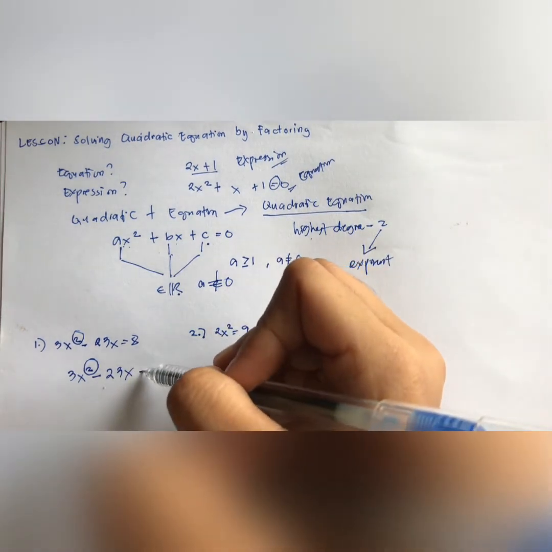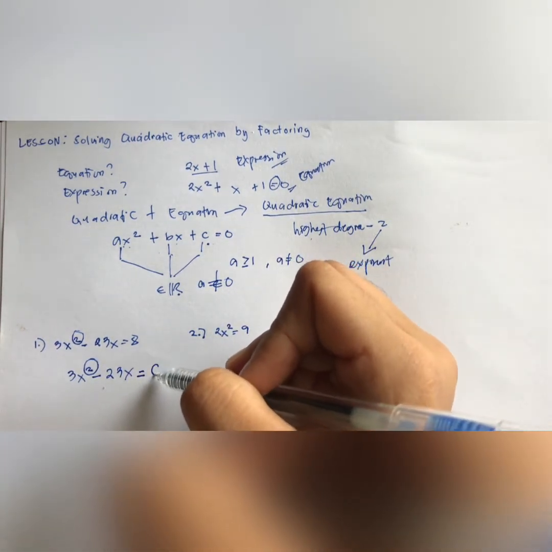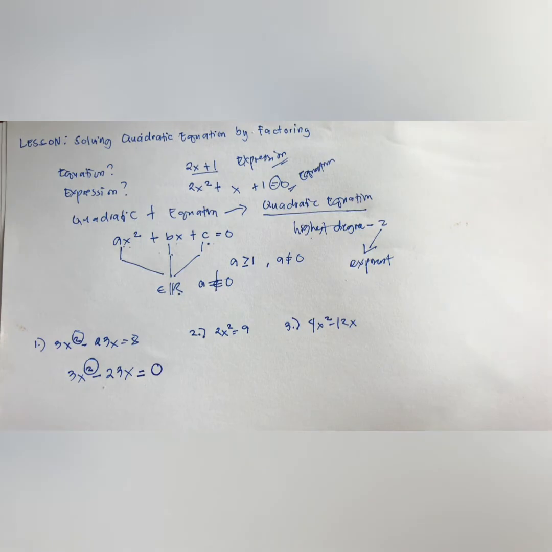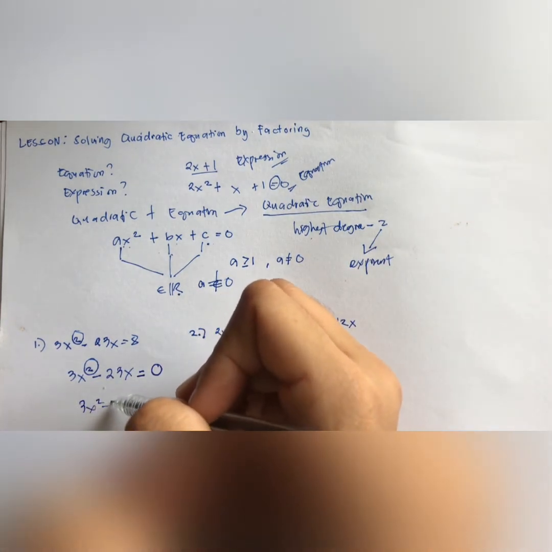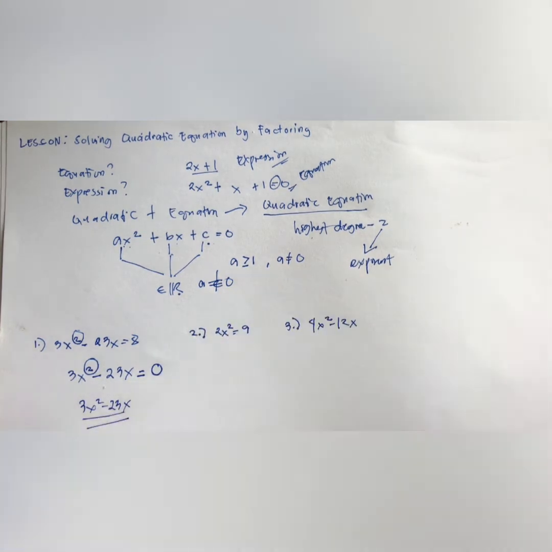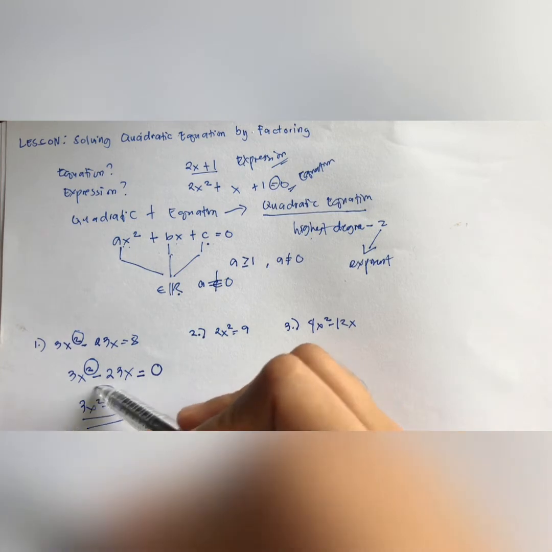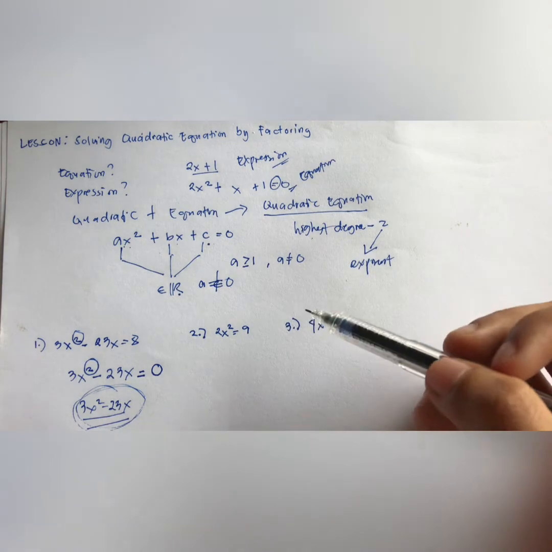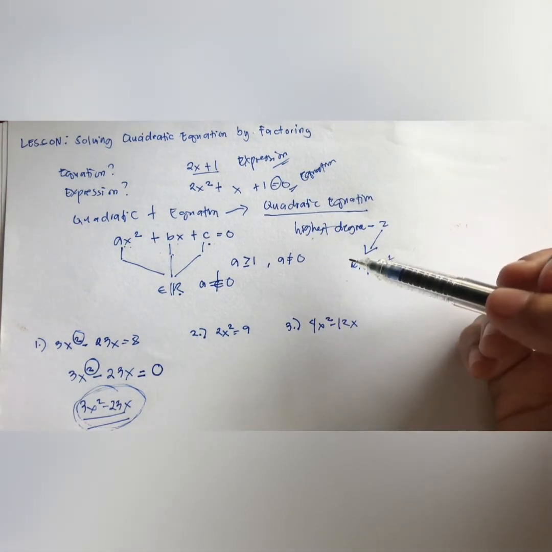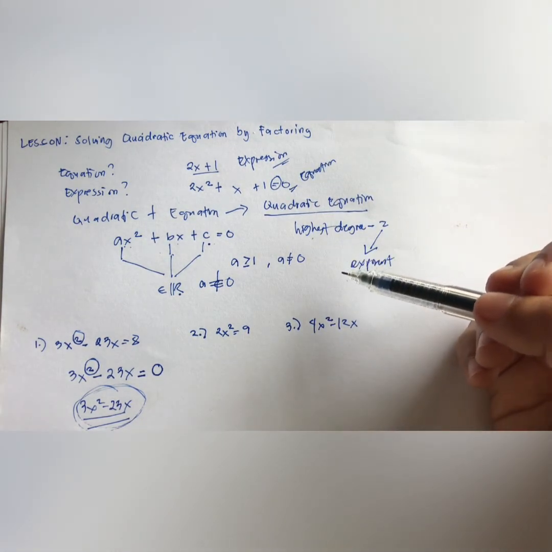Because we don't have an equal sign and another term on the right side. So 3x squared minus 23x is not an equation or a quadratic equation, but rather just an expression. So again, to determine if an equation is quadratic, you only have to take note of the highest degree of the given equation.